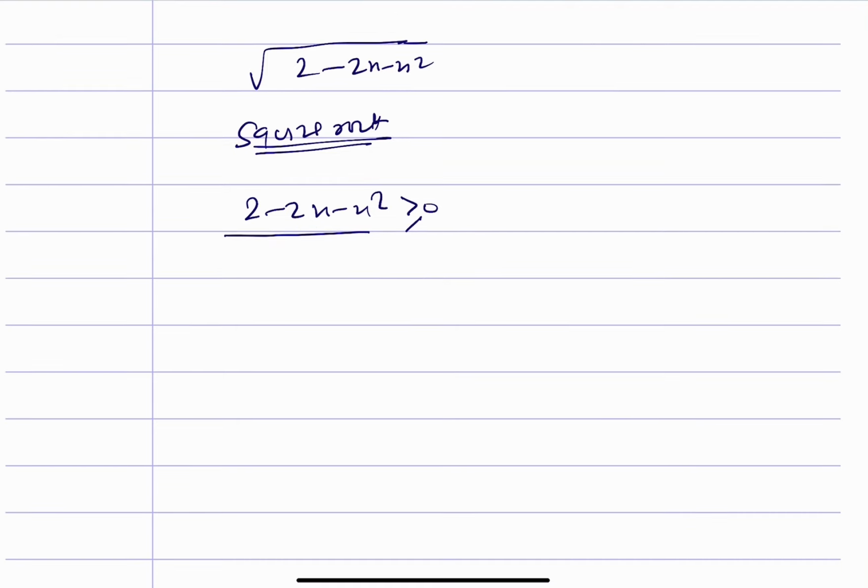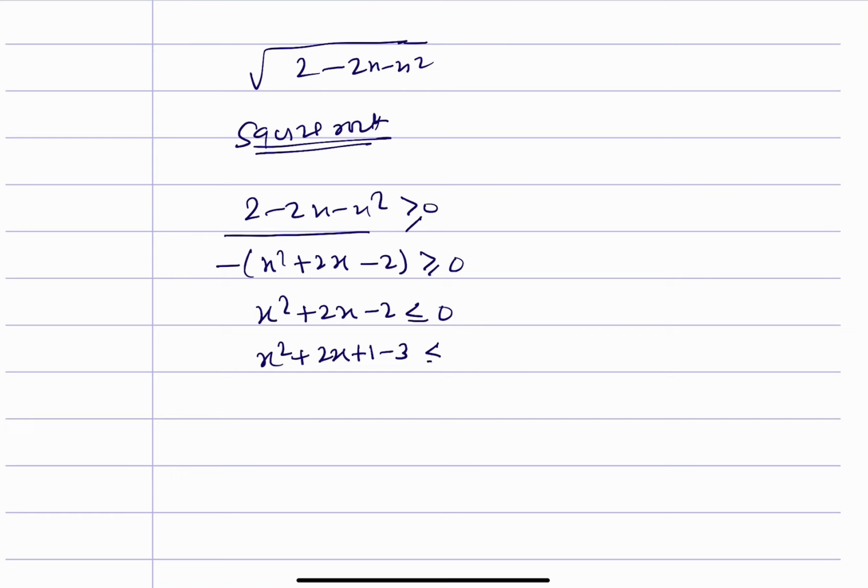Let me take the negative as common. x square plus 2x minus 2 is less than or equal to 0. Let me simplify: x square plus 2x plus 1 minus 3 is less than or equal to 0.